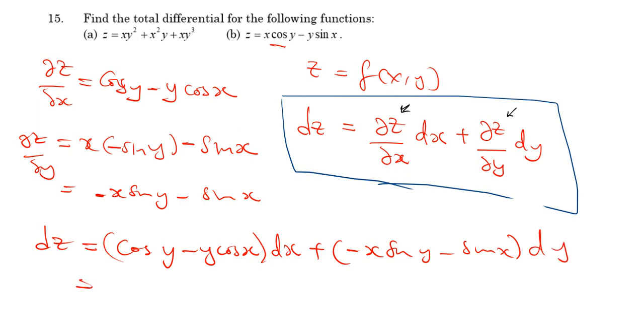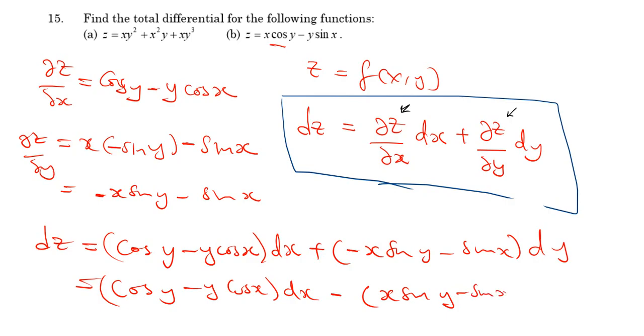Of course, here I can factor out that negative. So I have cos y minus y cos x, times dx, then I factor out the negative, and I get x sine y plus sine x, times dy. And that's how I find the total differential.